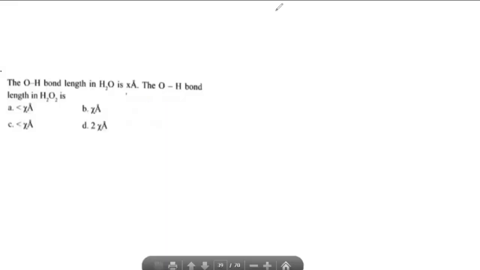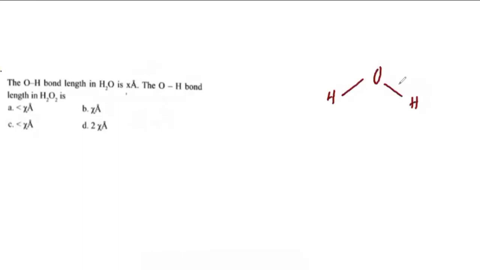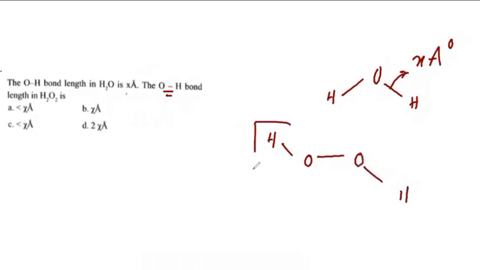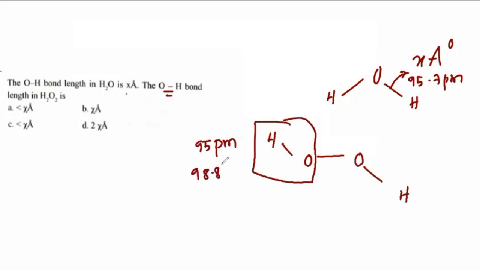The next question, that is OH bond length in H2O is X Armstrong. So in your H2O, the OH bond length is X Armstrong. And OH bond length in H2O2. H2O2, you know, open book like structure. So what is this bond length? I think if you consider the value, this has 95.7 picometer in gaseous phase, and in solid phase 98.8 picometer.